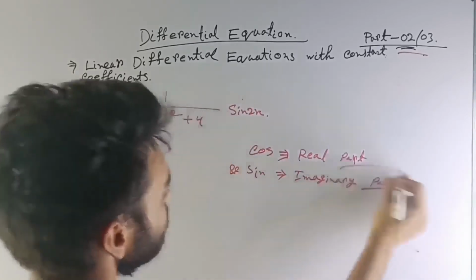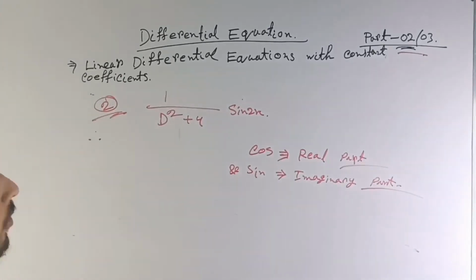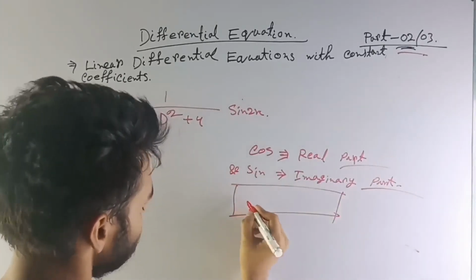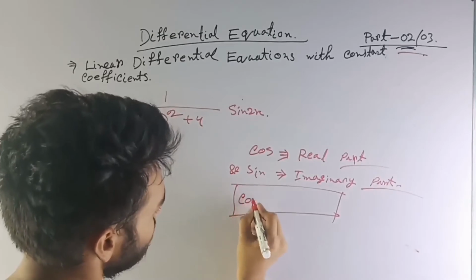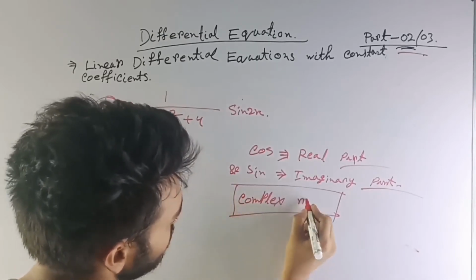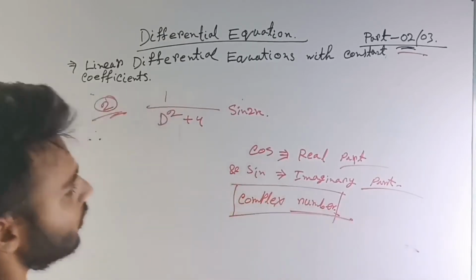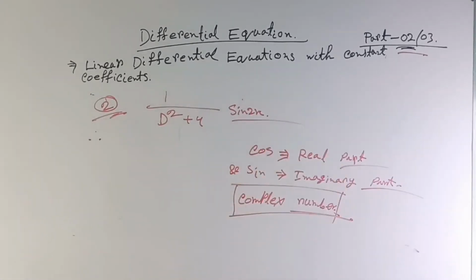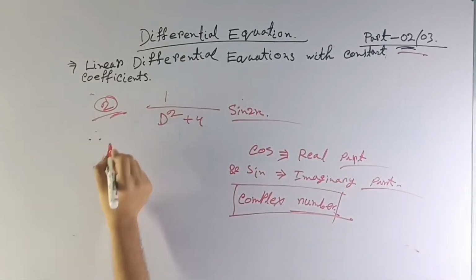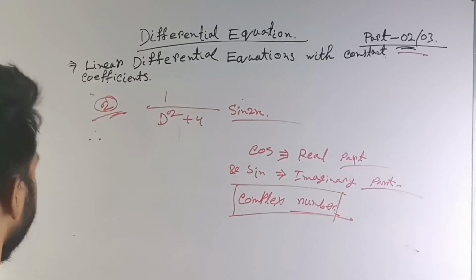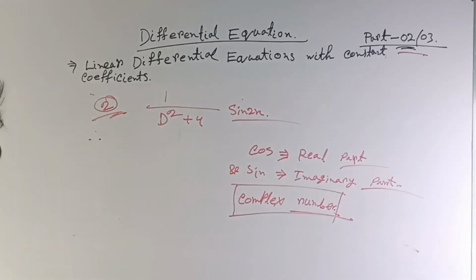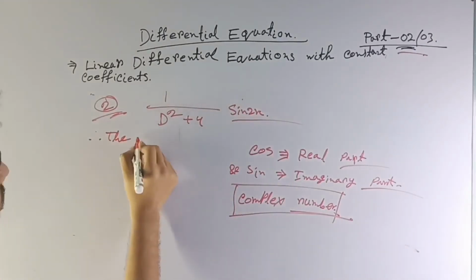We know that from a concept in mathematics, the complex number concept, and this is the second method and the previous method is the first method.